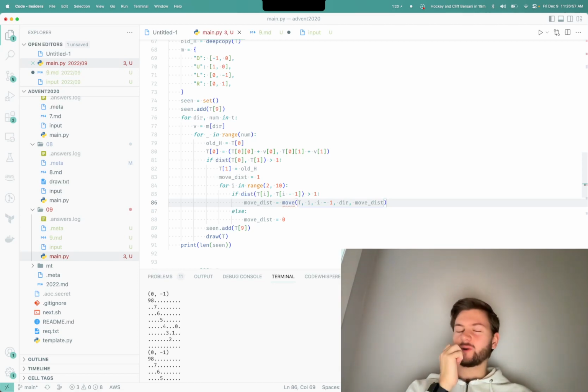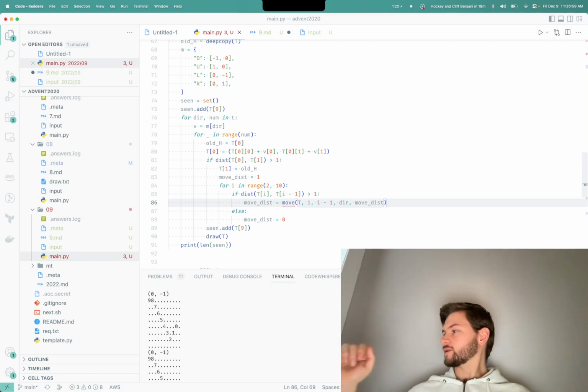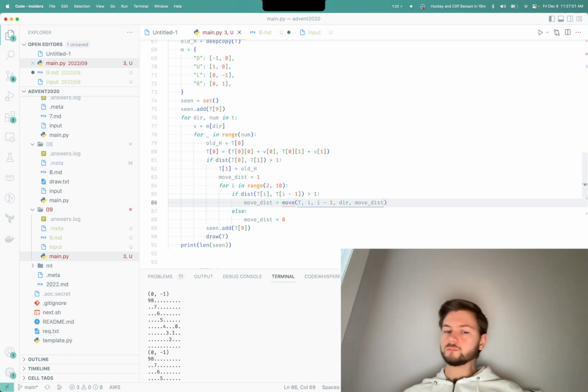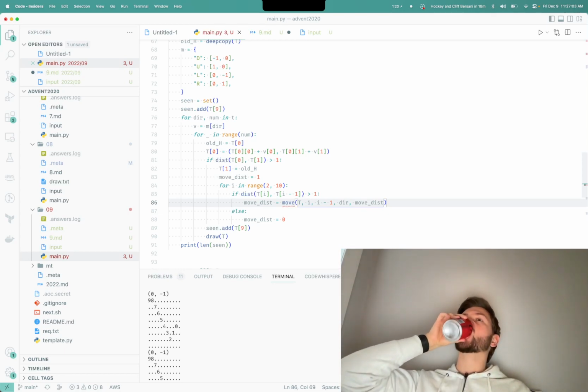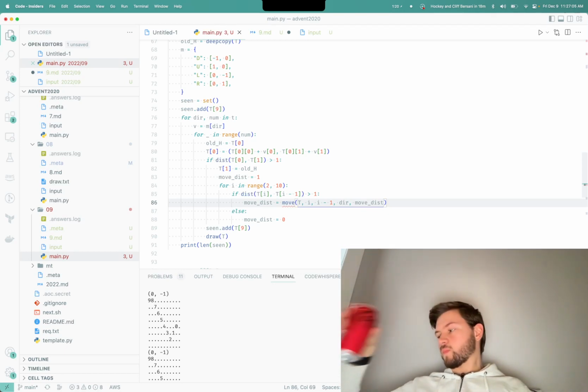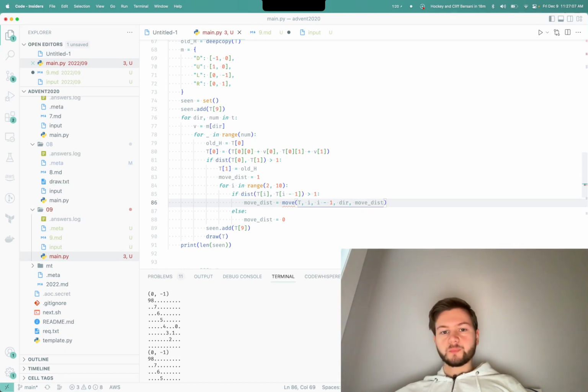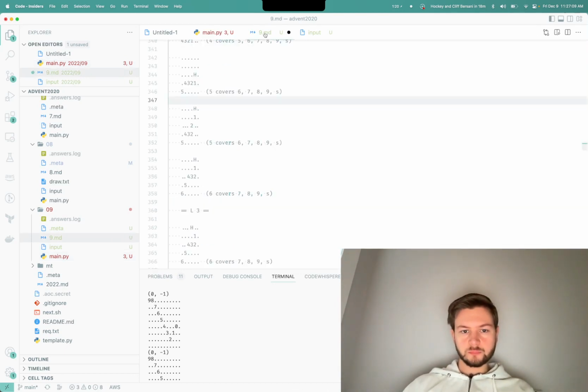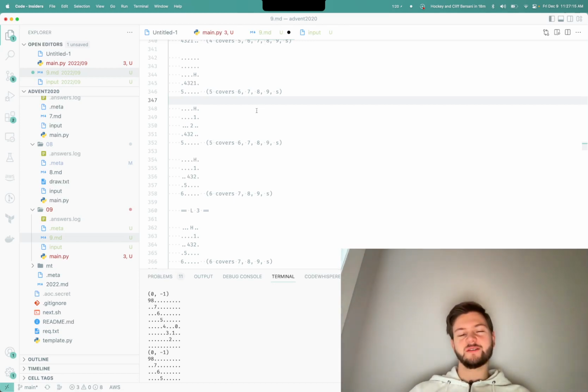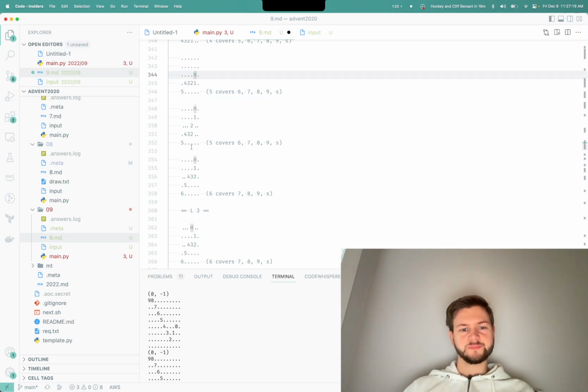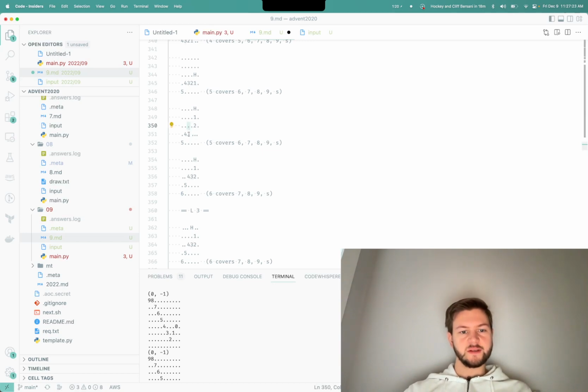Do we have to keep track of the old values? Well, let's see. Let's undo all of these changes.